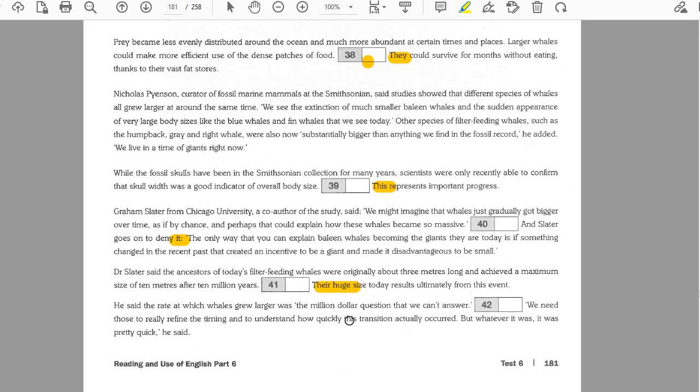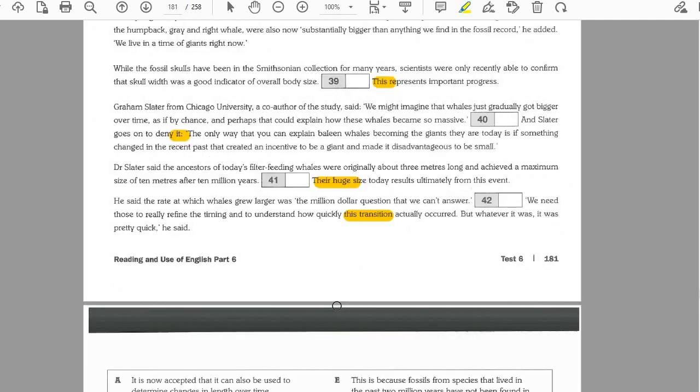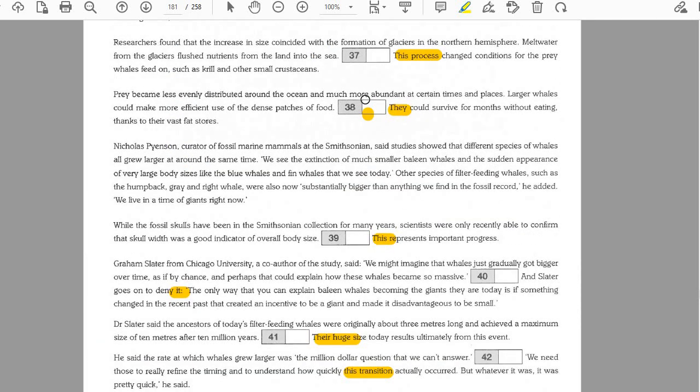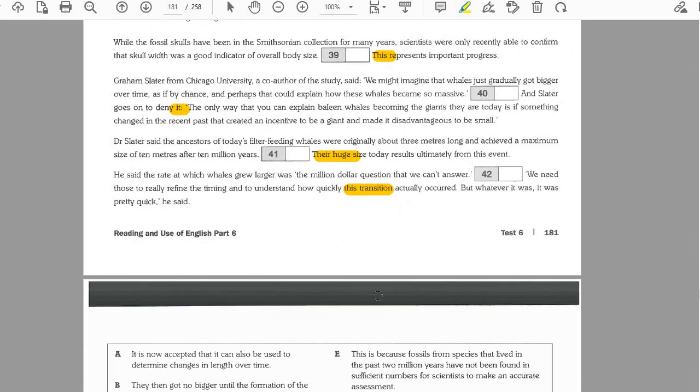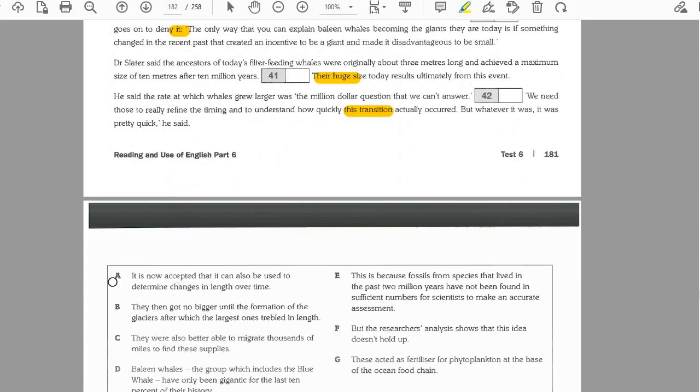And this transition. So these are words that need to connect to something said before: pronouns, linking devices, etc. When you do it, you predict what's missing, you mark these words, and then you say, A, it is not accepted, it can also be used. So what does it refer to? They got no bigger, so they're talking about size.